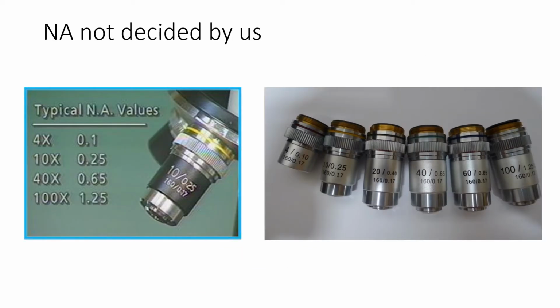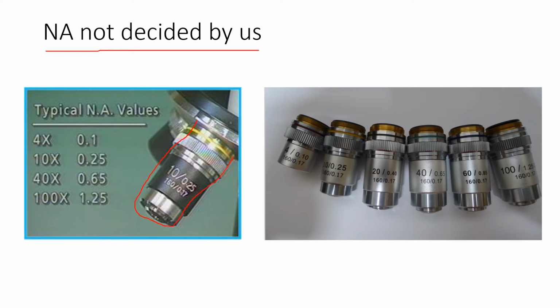I hope that's clear. Now there's one more thing. Numerical aperture is not decided by us. During oil immersion lenses, we were changing the medium and increasing the numerical aperture, but there are some basic values that always come with the microscope. Whenever manufacturers design these lenses, they decide the numerical aperture.